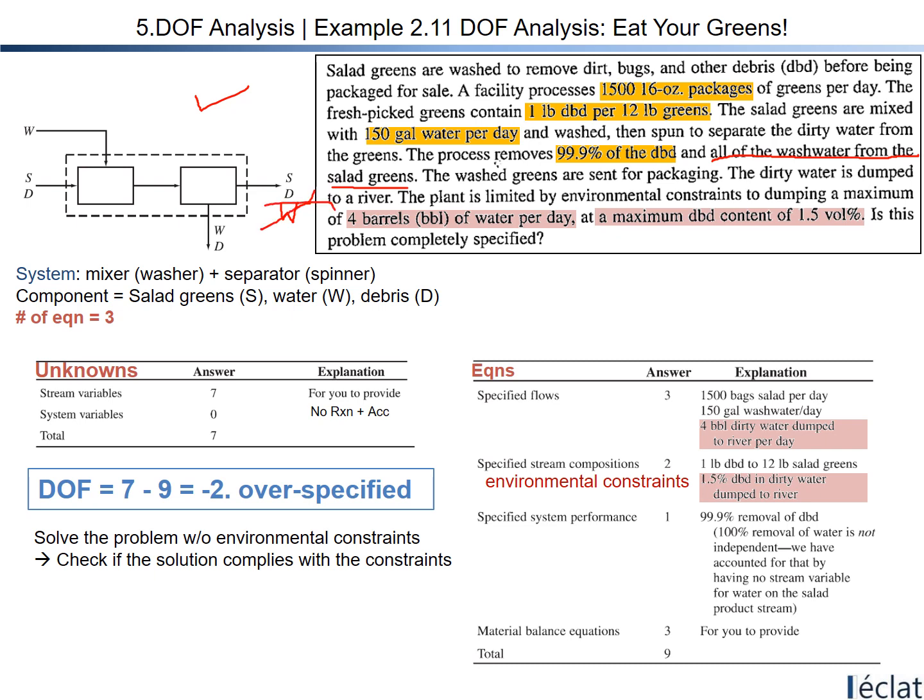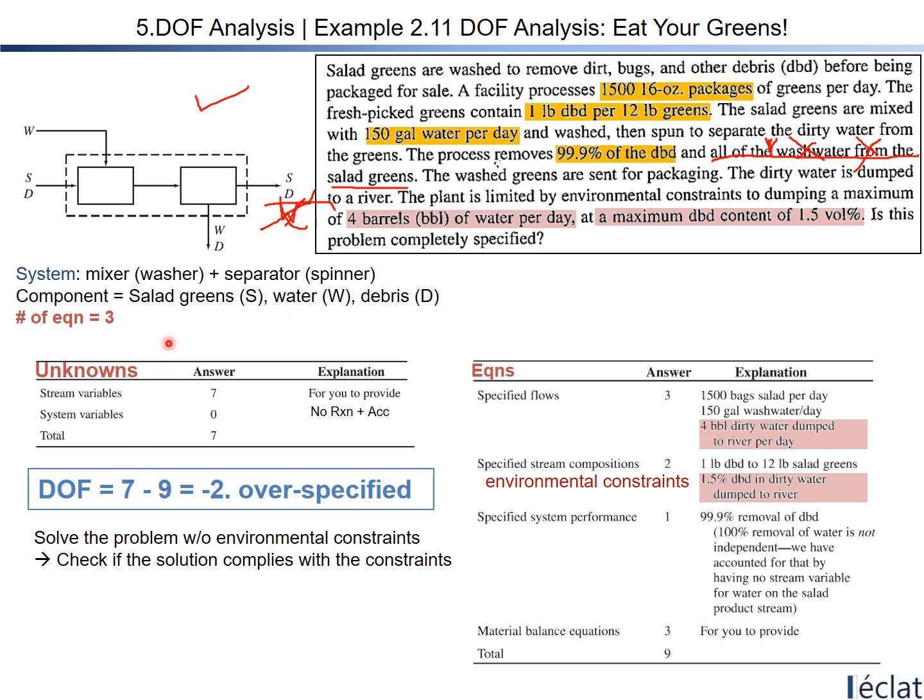Okay, so we have already used this condition. All of the 100% of wash water is removed from the salad greens. So you should not use this condition when you count the number of equations or number of restricts, because we don't have water in the downstream of the block flow diagram.